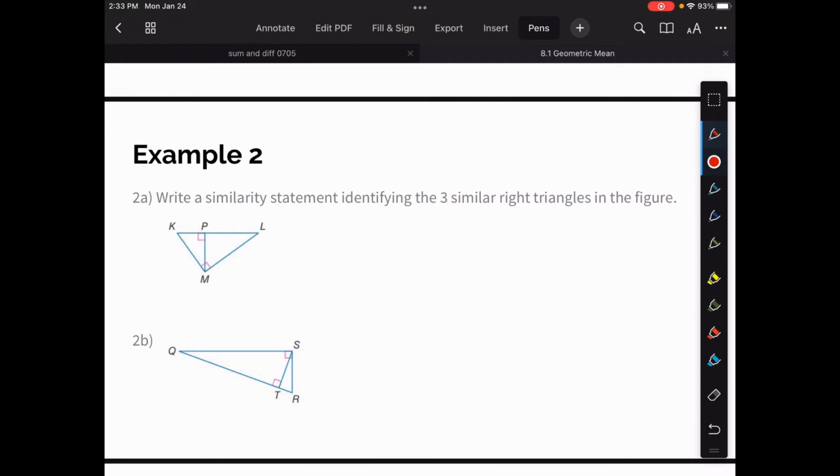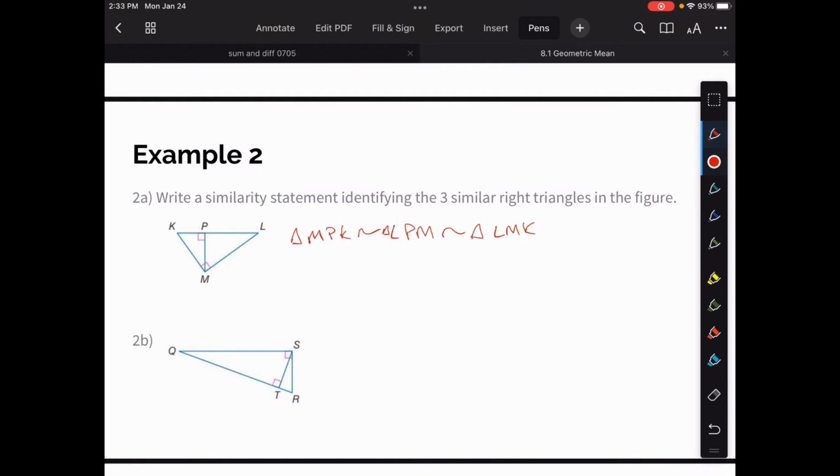So I'm going to say triangle MPK is similar to, and then I'm going to go to my medium-sized triangle, which would be LPM. And that's similar to, on the big triangle, LMK.